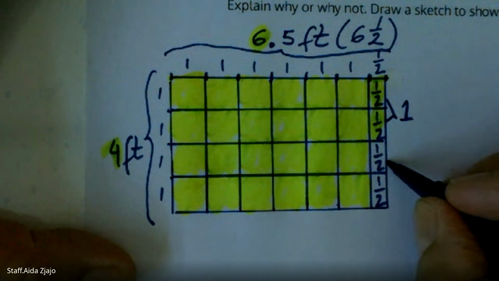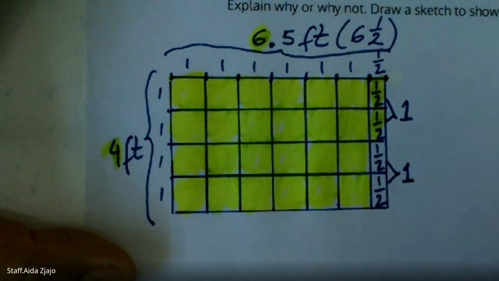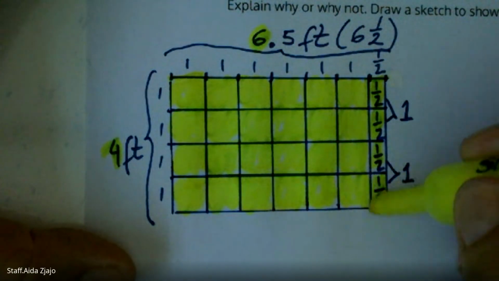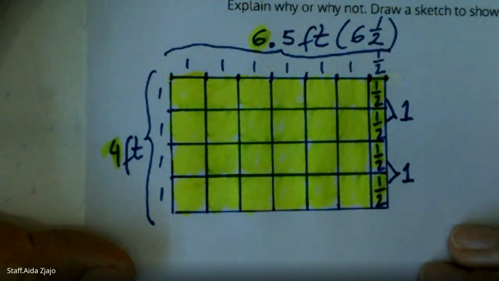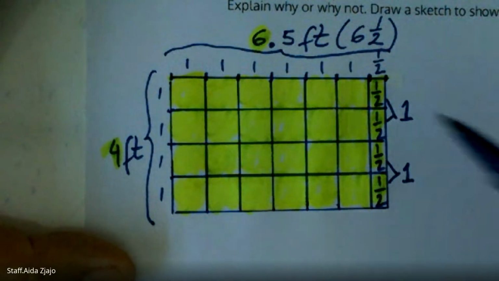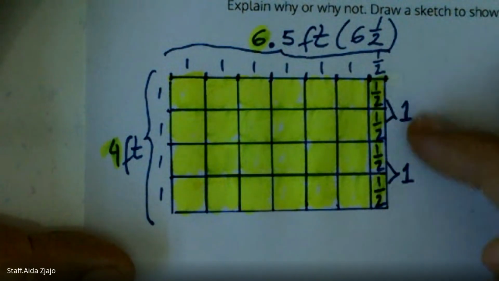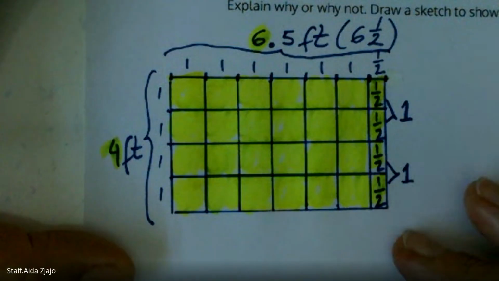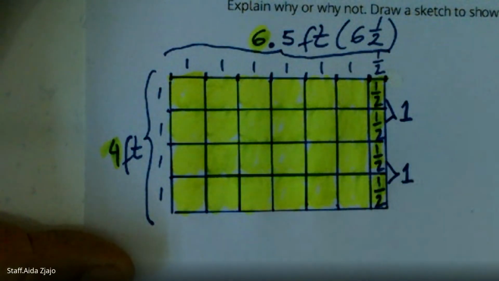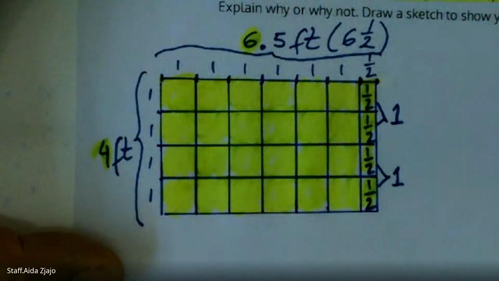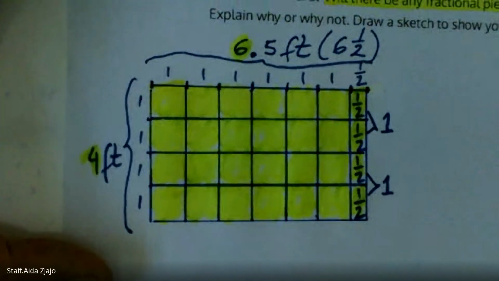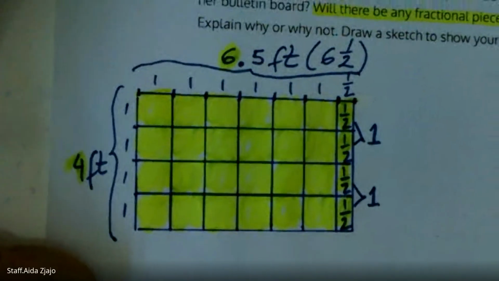And then this is also a half and a half. So now we can figure out how many whole squares she needs. She needs 24, plus 2 more, it's 26 squares. So there will not be any fractions left over when she does her work.